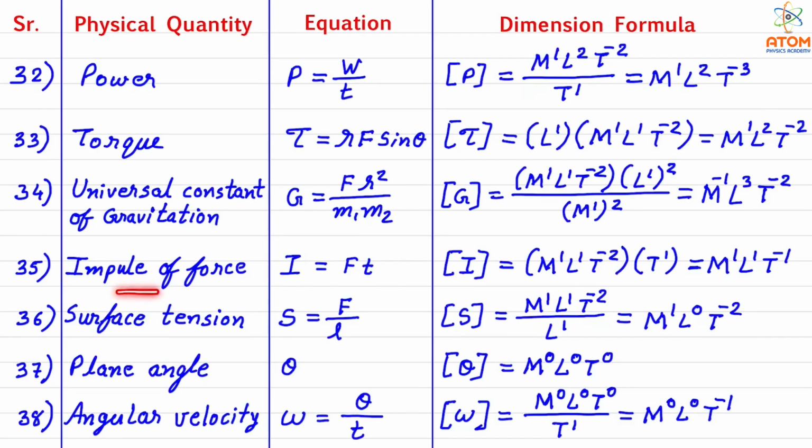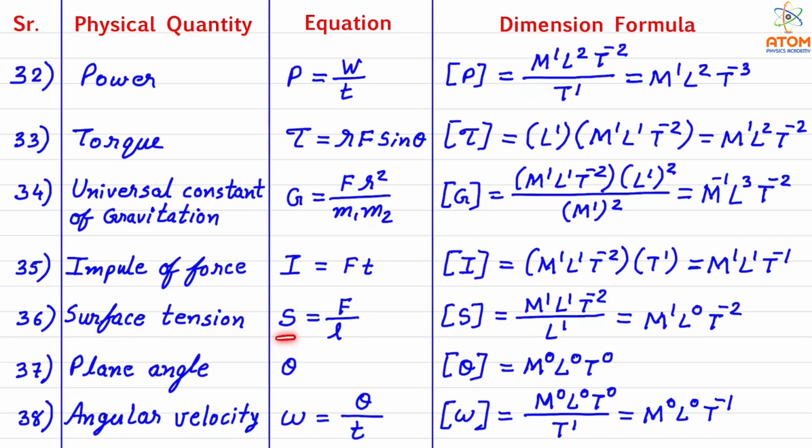Then comes impulse of force, that is denoted by I, and it is F into T. Force into time is impulse of force. So the dimension formula of force is M1 L1 T minus 2. For time it is T1, and that's why the result becomes M1 L1 T minus 1. Then comes surface tension.